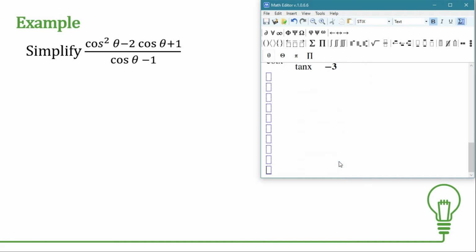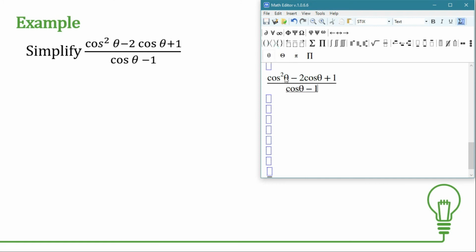Kung mapapansin ninyo, yung numerator natin, i-rewrite ko lang, that is cosine squared theta minus 2 cosine theta plus 1 over cosine theta minus 1, sorry.